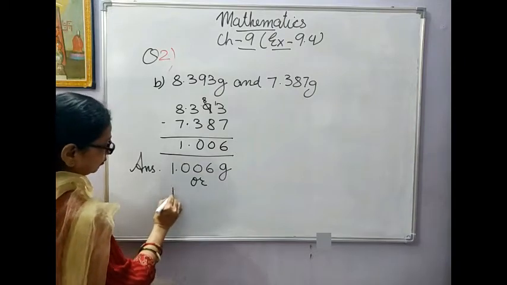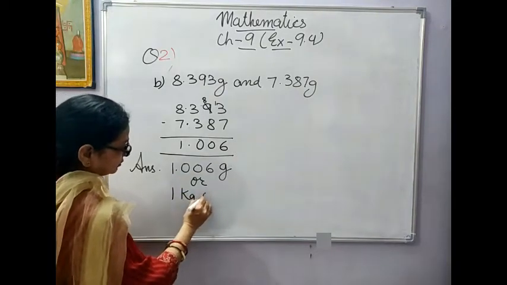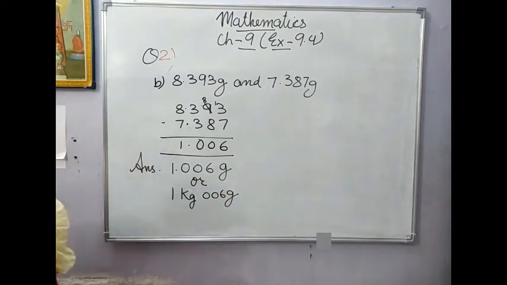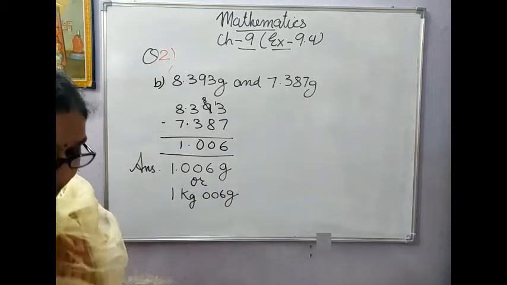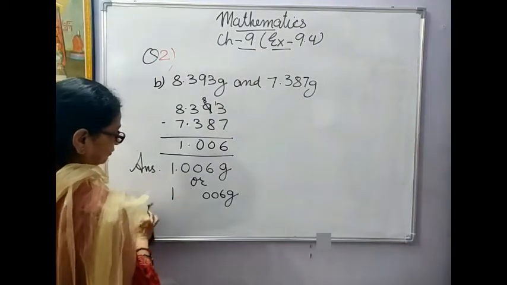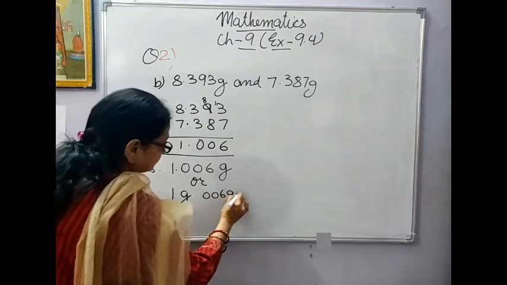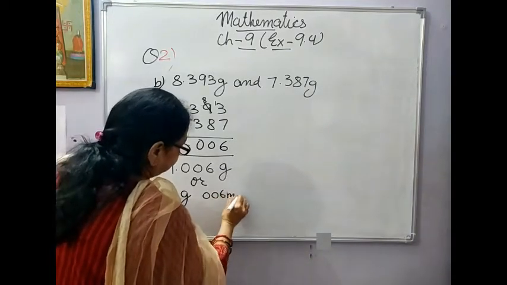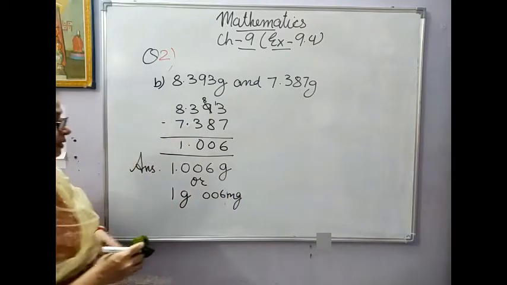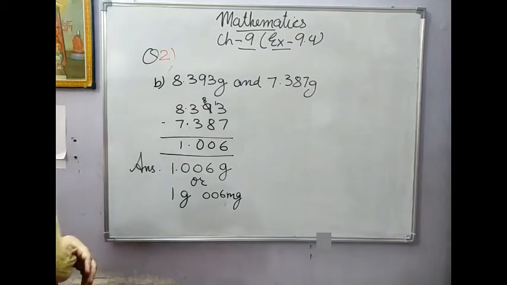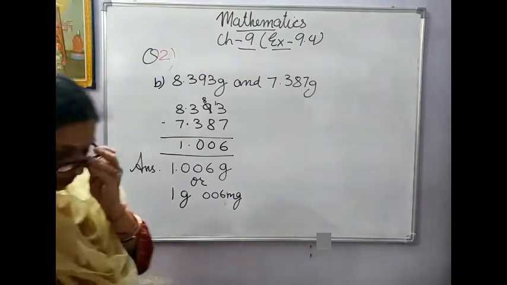So it will be 1 kilogram 006 grams. Sorry, it will be 1 gram and 6 milligram. Even if you are not writing this, it's well and good. Okay? Clear? Then we move on to the third sum.